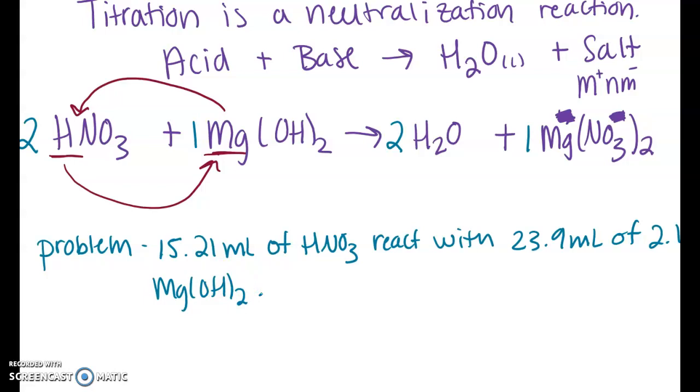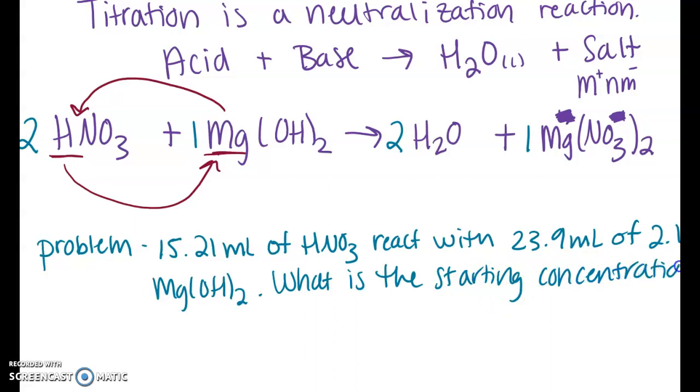And I want to know, what is the starting concentration of HNO3? Well, I can use this neutralization reaction that we wrote up above, the chemical reaction between magnesium hydroxide and nitric acid, along with a couple other tools that I'll show you, to figure out what that starting concentration is. So when you mix an acid and a base, they neutralize each other. So the pH comes out to be around 7-ish.